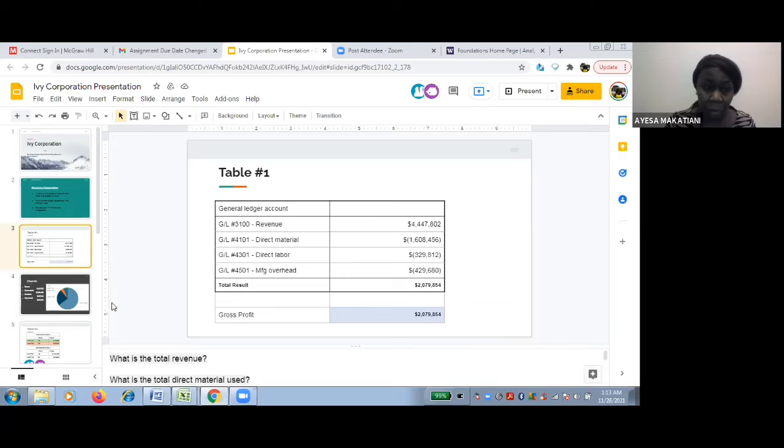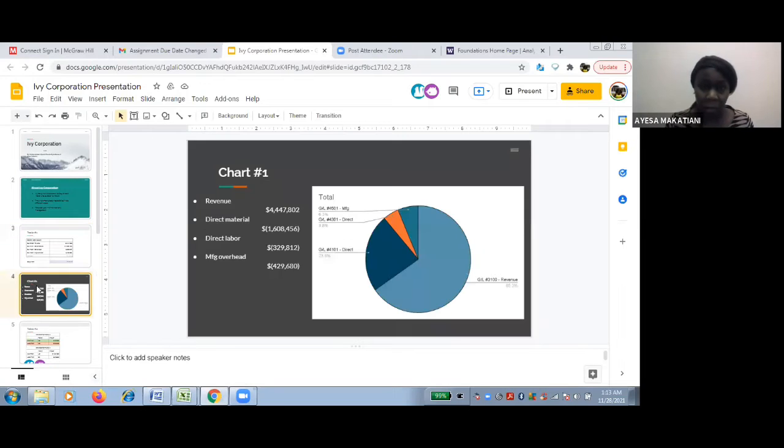If we put all this information in a chart, we have the different percentages of how much each was. The revenue that the company received was about 85% of the total, and the expenses on this other side were 6.3% for manufacturing overhead, 4.8% for direct labor, and 23.5% for direct materials.